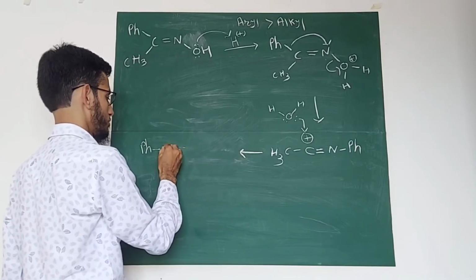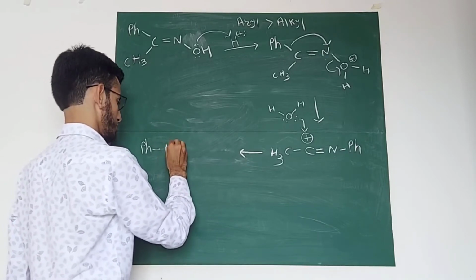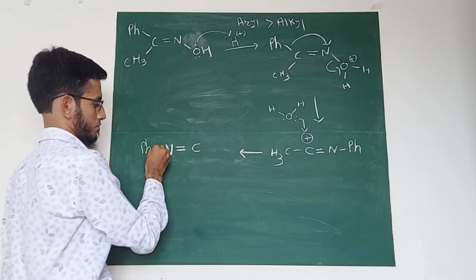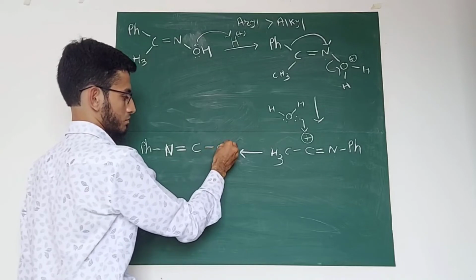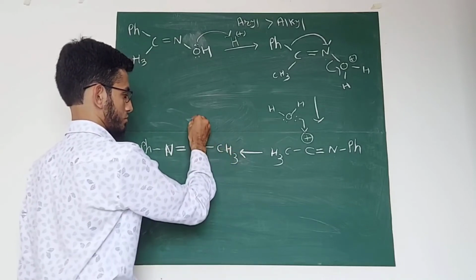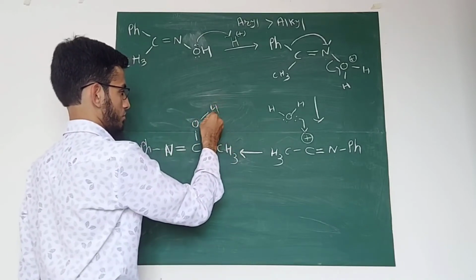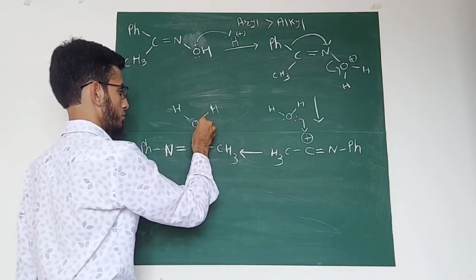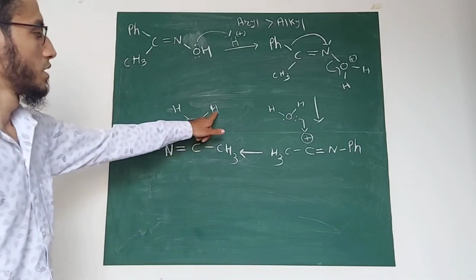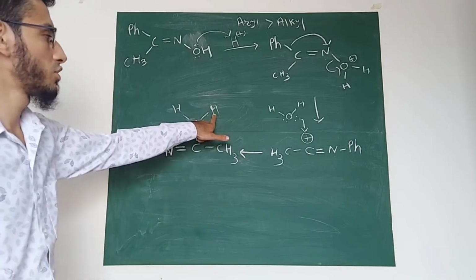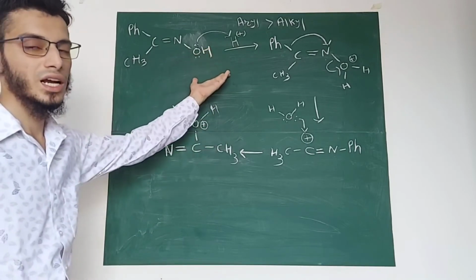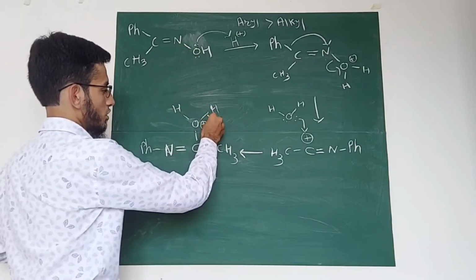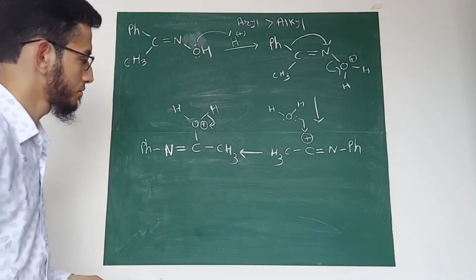So we have nitrogen. This hydrogen is removed in the form of H plus, and we get the catalyst back, giving the electron to the oxygen, and the oxygen is neutralized.